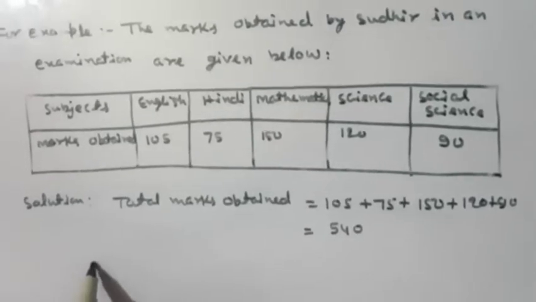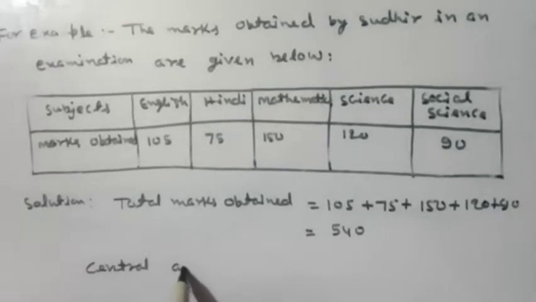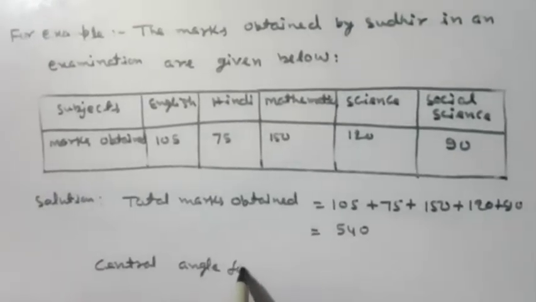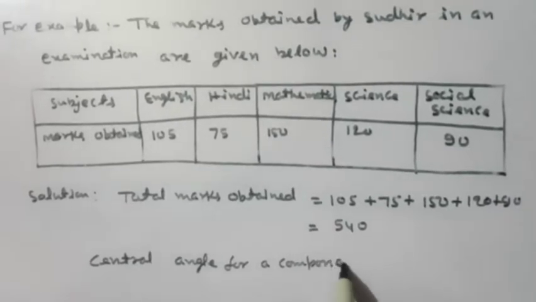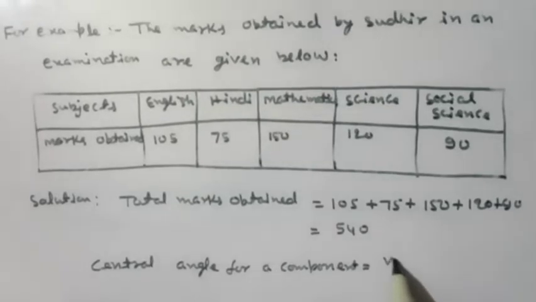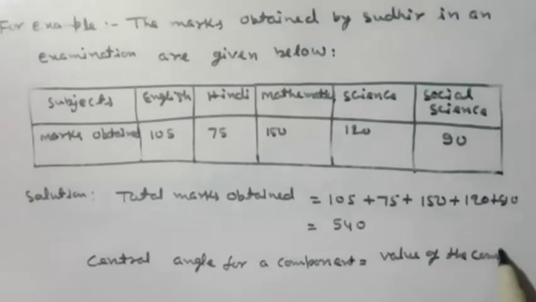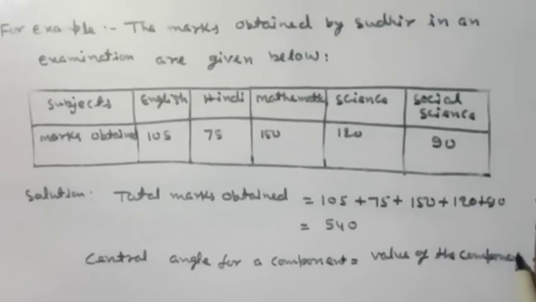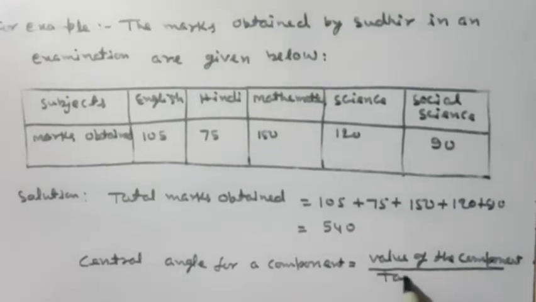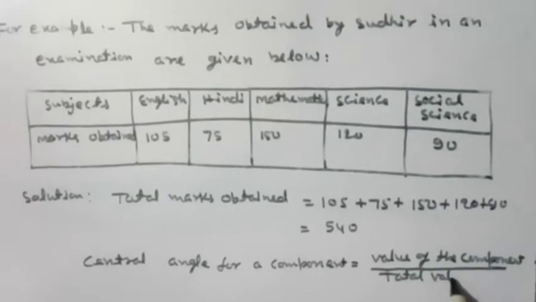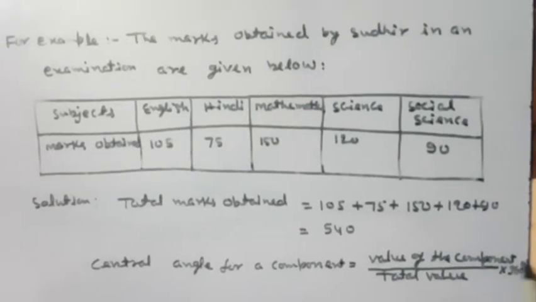The formula is central angle for a component equal to value of the component divided by total value into 360 degree.